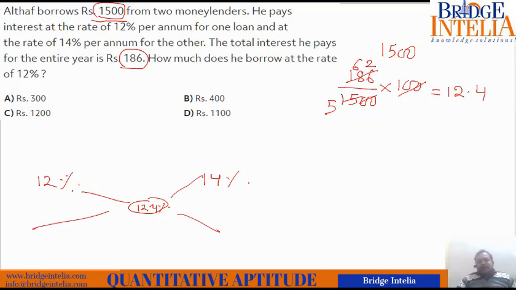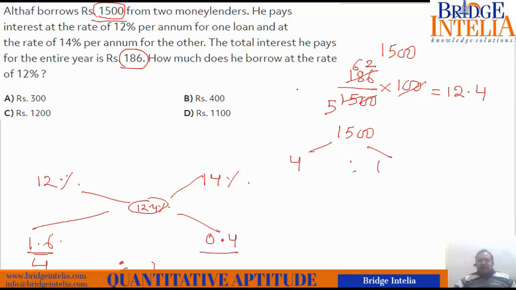The difference is 0.4. 14 is how much away from 12.4? 1.6 away. So this indicates the ratio in which the amounts were borrowed. 1.6 is to 0.4, the ratio is 4 is to 1. It means this 1500 rupees was borrowed from two different sources in the ratio 4 is to 1.